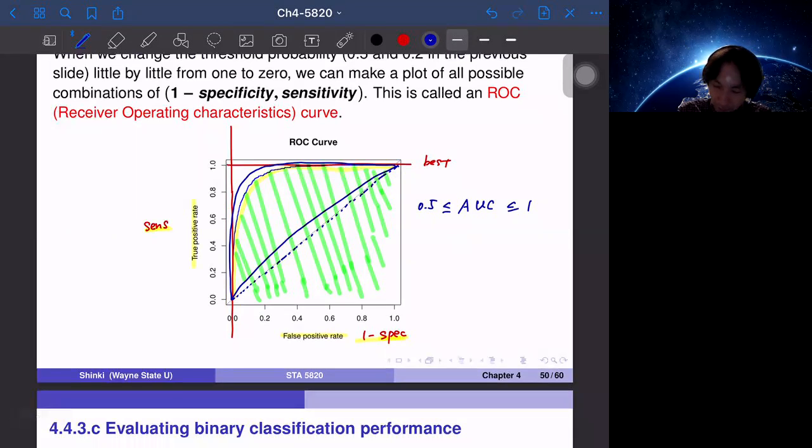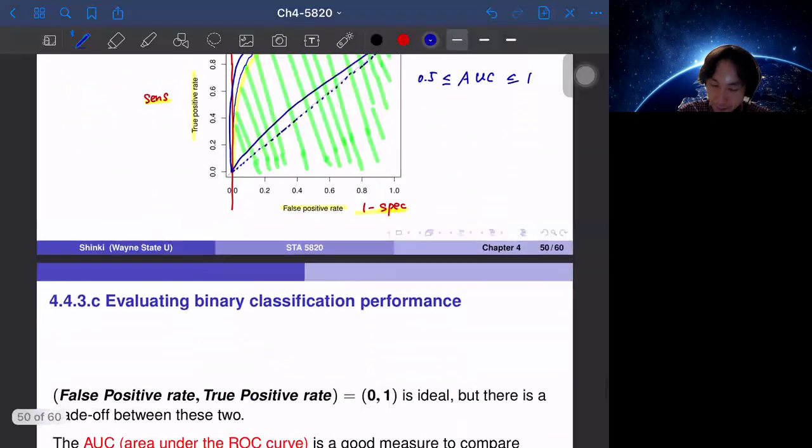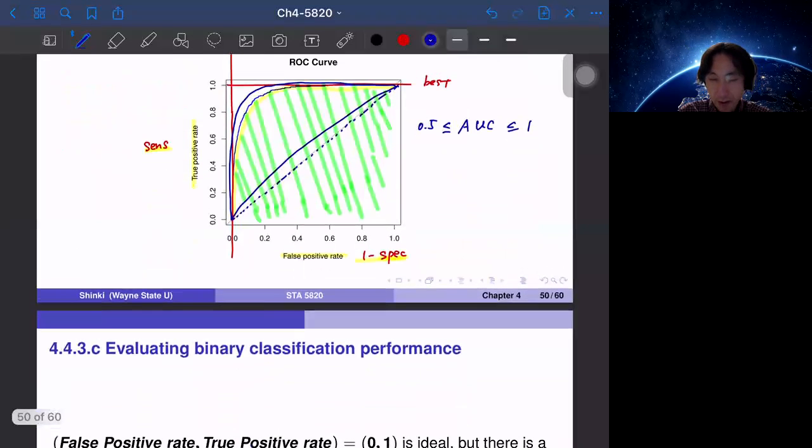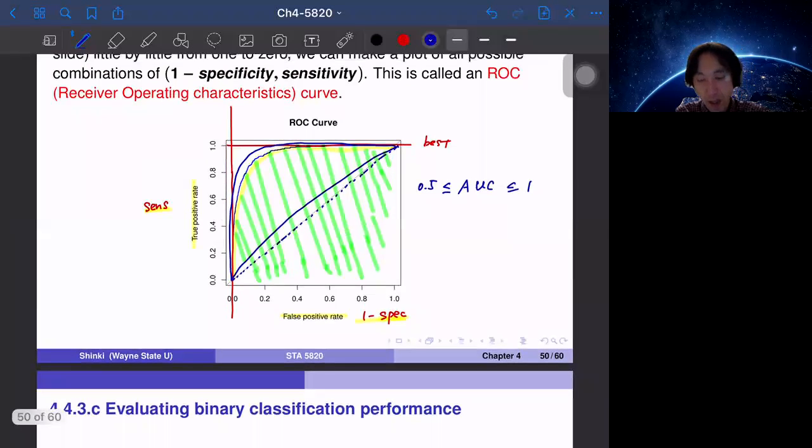So use this area to see how good your decision model is. Then you don't have to specify the sensitivity or specificity, so you don't have to specify the threshold. Overall, you can see how good your prediction model is from the ROC curve and AUC.